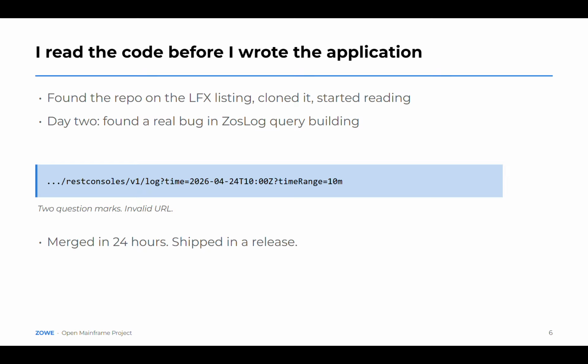Combine the wrong filters and you got this: two question marks in one URL, invalid request every time. I fixed the delimiter handling, added a regression test, and opened a pull request. Frank replied the same day, merged it the next, and cut a release. That was before I was selected for anything.